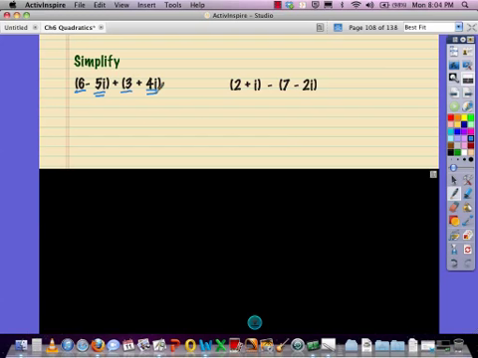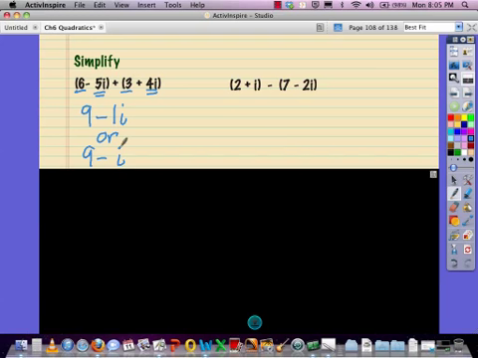So 6 plus 3 is 9. A negative 5i added to a 4i is a negative 1i. If you choose to write it as 9 minus i, that would be equivalent. You don't have to have that 1 there to hold a place value. Okay, so addition: reals plus reals, imaginaries plus imaginaries.